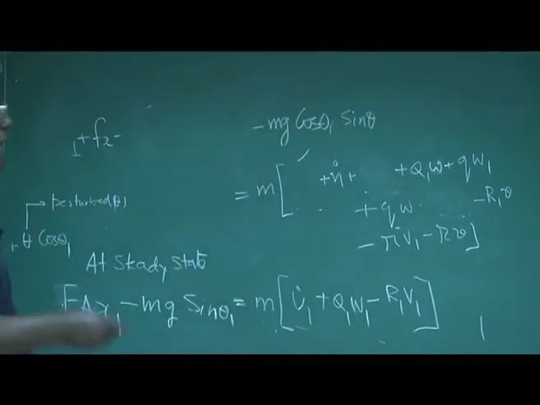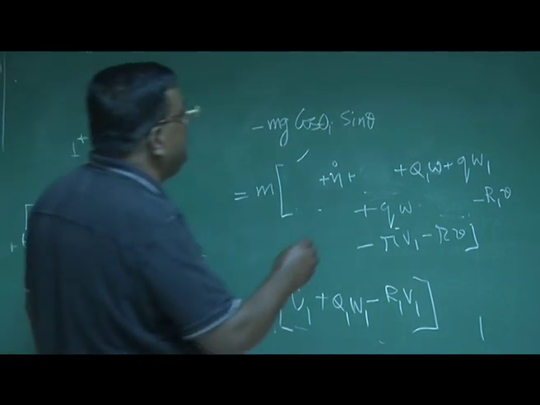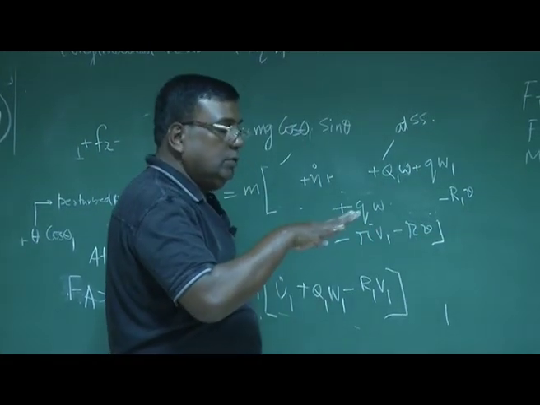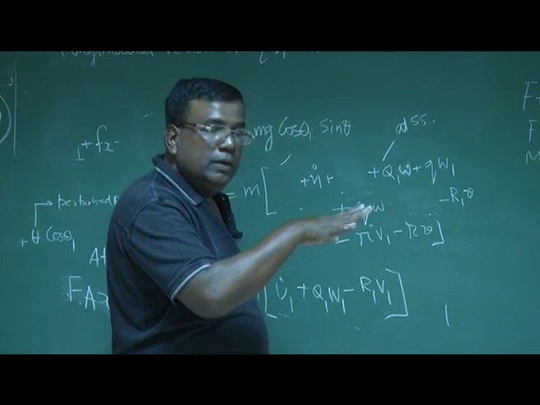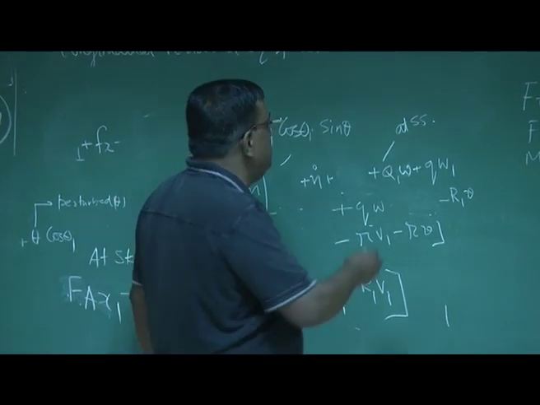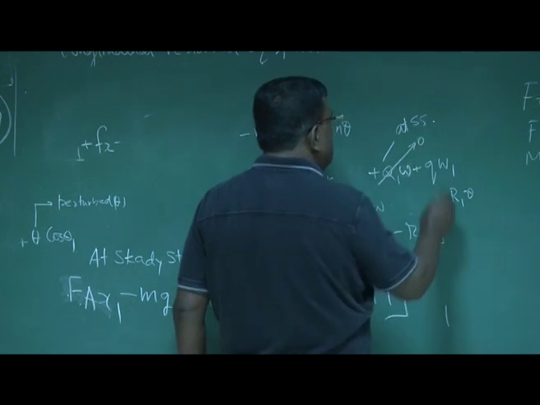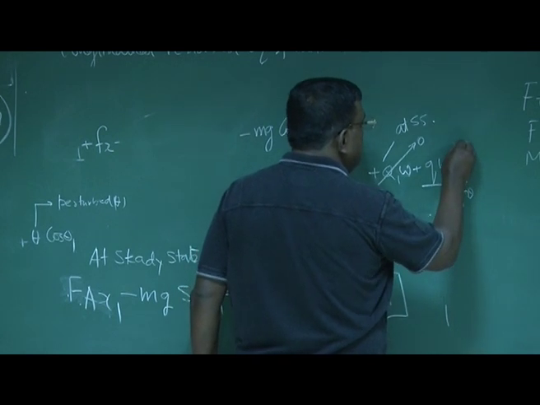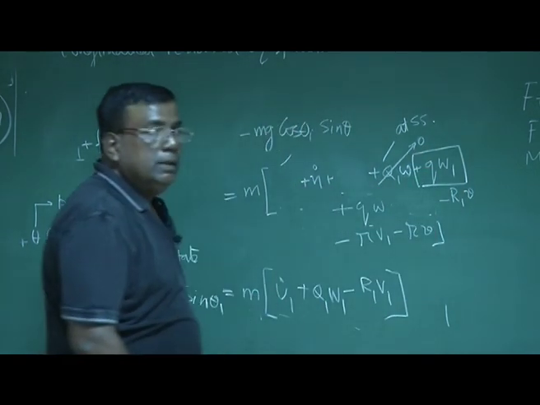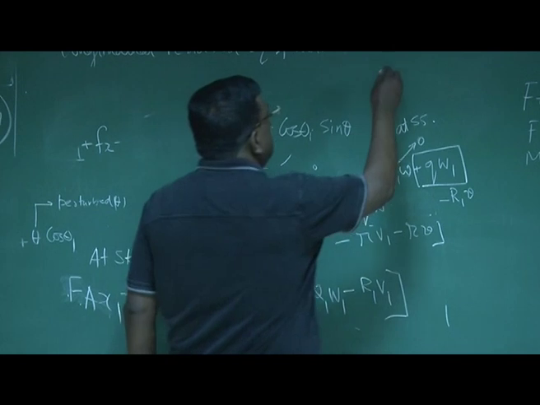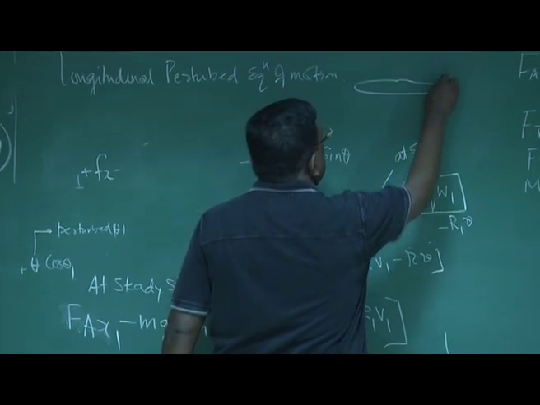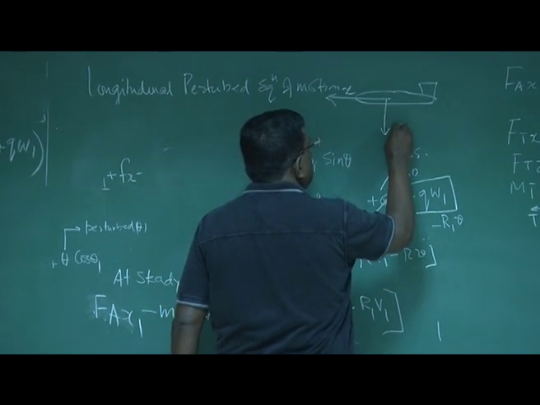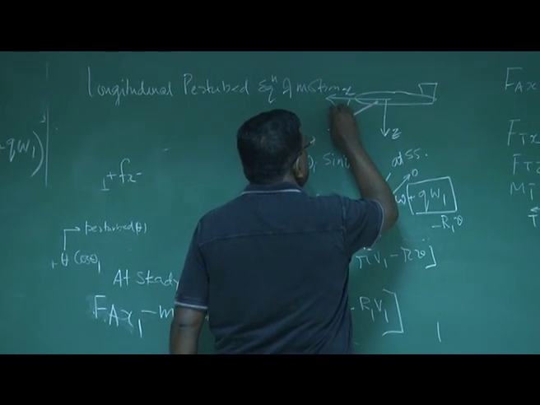Now remember, at steady state, what is the value of q1? At steady state, that's the equilibrium. It's going like a cruise. At cruise, is there any q? Is there any pitching rate? No. So this also vanishes. But can I say the same thing about the term q w1? W1 need not be 0, because this airplane axis is x here, z here, and it has some angle of attack alpha.